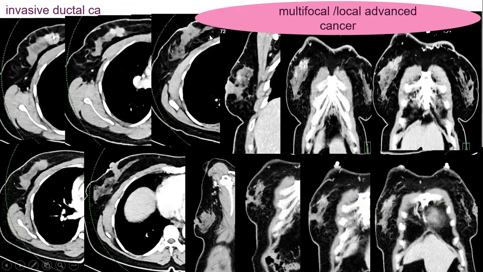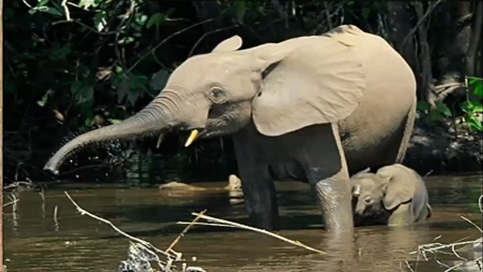You see, the retroareolar area becomes so busy, much more busy than previously. And there are now satellite nodules. You see, these are the satellite nodules you have seen on mammography. It was not well appreciated in the previous CT, so it was also missed, and had been missed on the previous mammography.